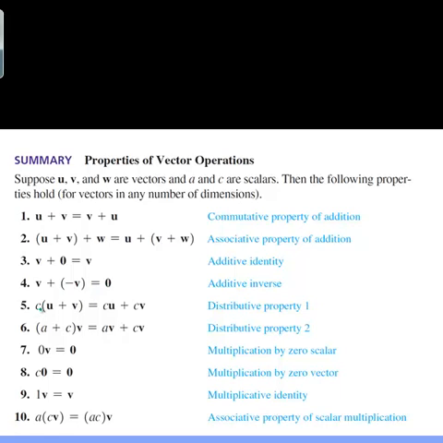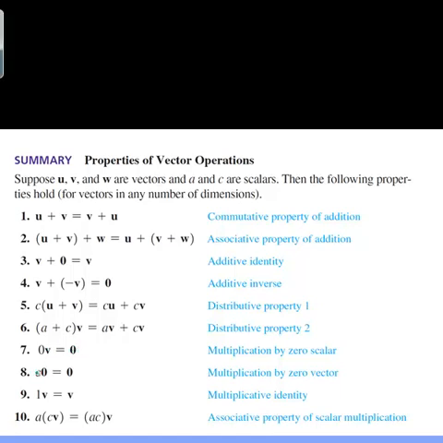Some scalar times the sum of two vectors will be the same thing as the sum of the scalar multiples of those two vectors. Or if you have the sum of two scalars times the vector v, that would be the same thing as the sum of each of those scalars times the vector individually. The scalar 0 times any vector will give you the 0 vector.